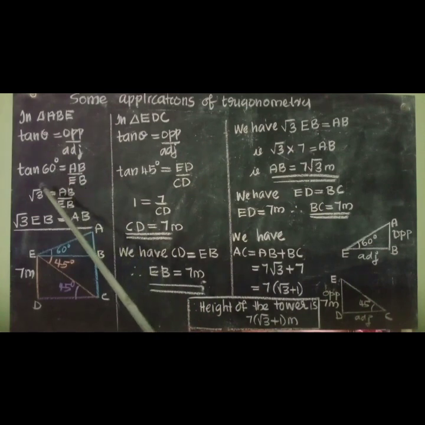Tan 60 degree is root 3. So, we get root 3 equal to AB by EB. Cross multiplying, we get root 3 EB equal to AB. Let it be there. Now we are going to find out the ratio for the second triangle.